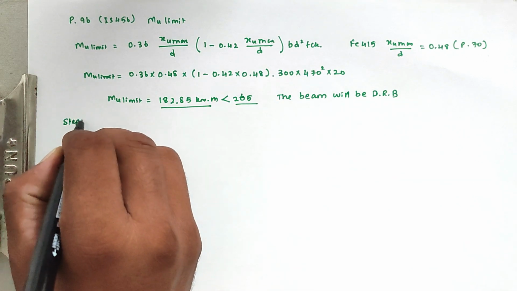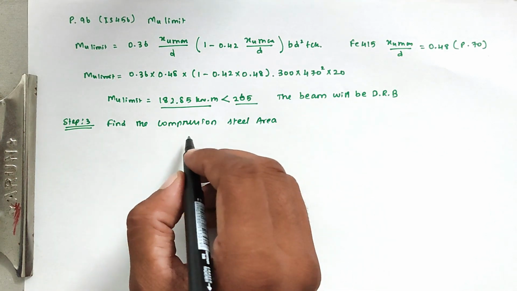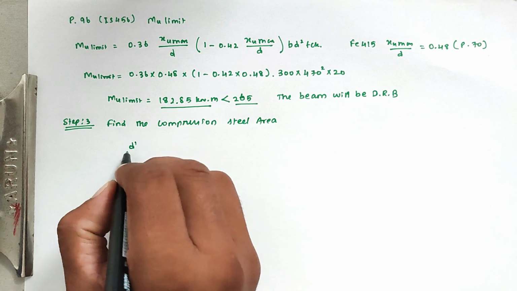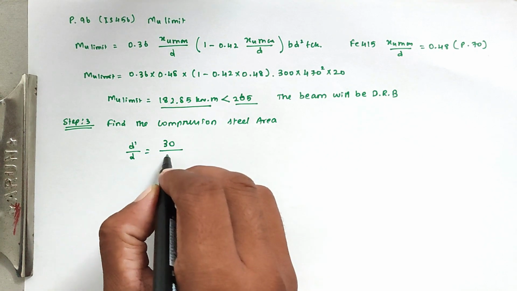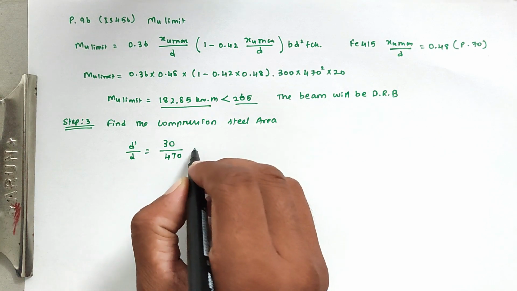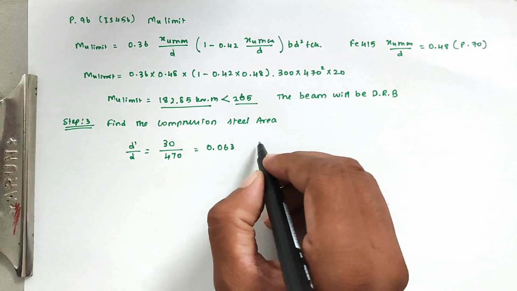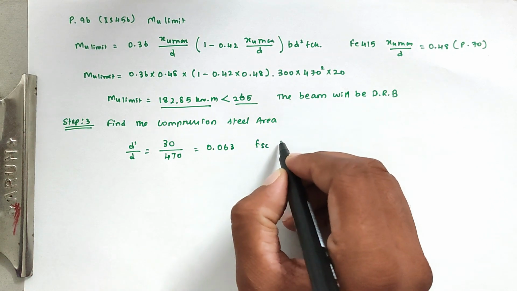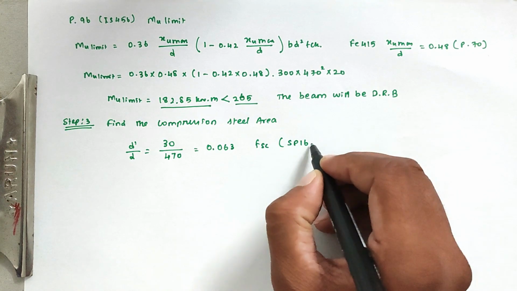So step 3, compression steel area we have to find out. So d dash by d equal to 30, d dash is the cover, 30, in the depth is 470, so we got the value of 0.036. Okay, so now the fsc value, in SP16 codebook we have to find out.